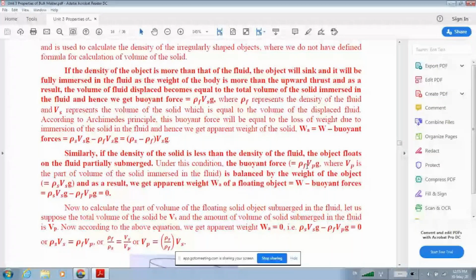So here, total volume of the object we assumed as Vs. So out of that Vs volume, only Vp volume is immersed. Since only Vp volume is immersed, the liquid level also rises by only Vp volume. Are you able to follow? So as much volume of the solid is immersed, that much volume of the liquid level will be rising up. So if the total Vs volume of the object is immersed, the liquid level rise will be equal to volume Vs. Here the liquid level rise will be equal to Vp only. So this is Vp for V.